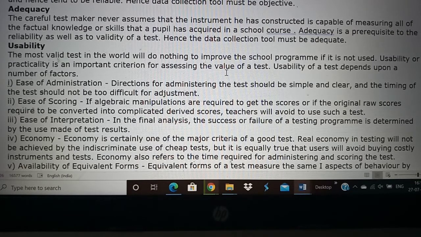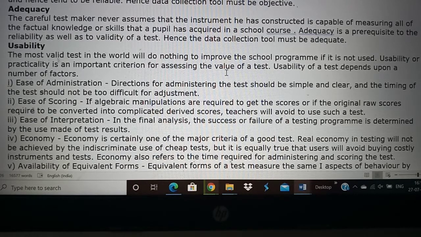First is the ease of administration. The way in which you give the test, or the data is collected from a sample, there should be ease. That is, it should not be difficult in collecting data. Administration means giving and collecting the information, so collecting information should be easy.